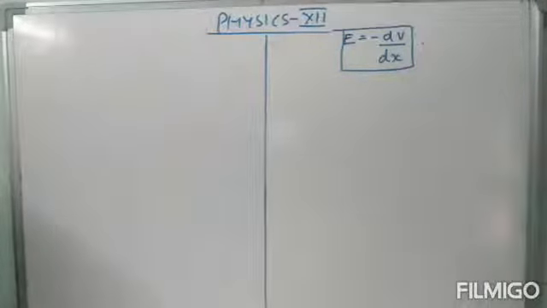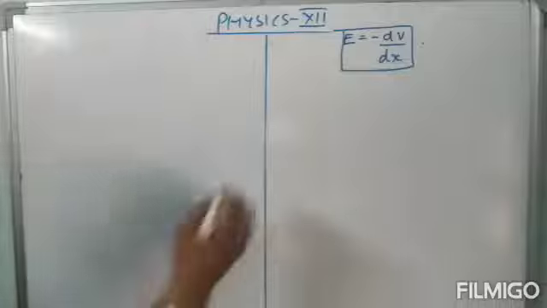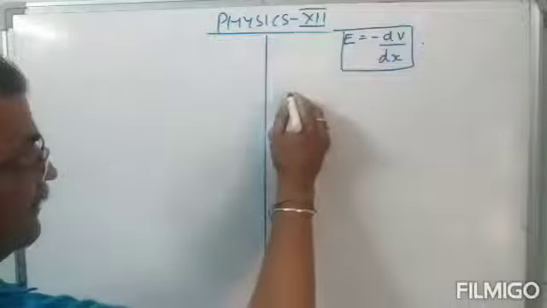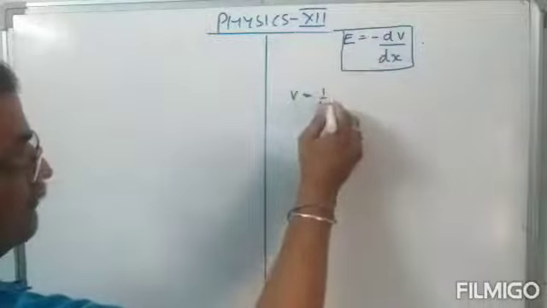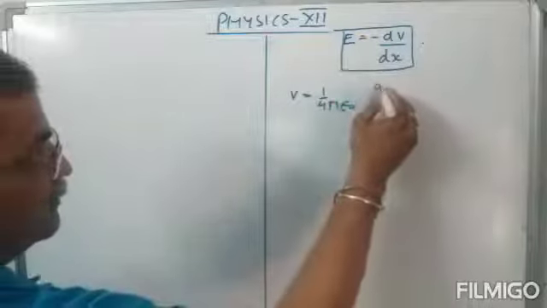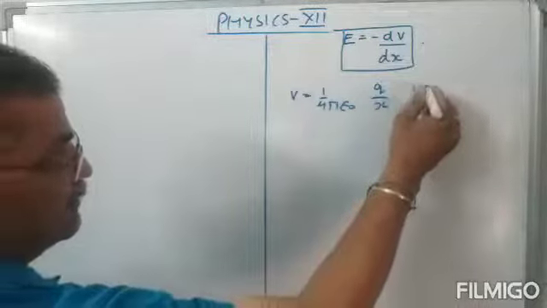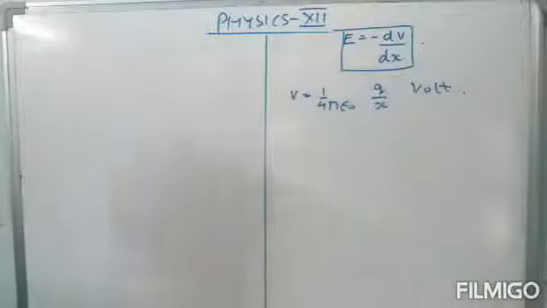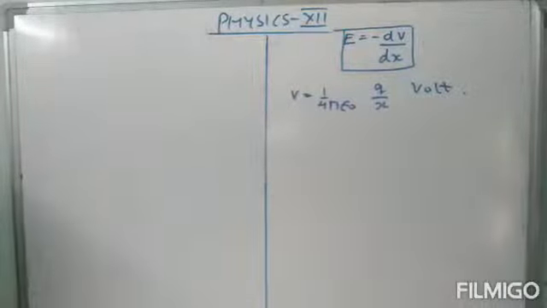The electric potential due to a point charge q at a distance of x is given by V is equal to 1 upon 4 pi epsilon naught q upon x volt. We have already discussed this in the previous video.